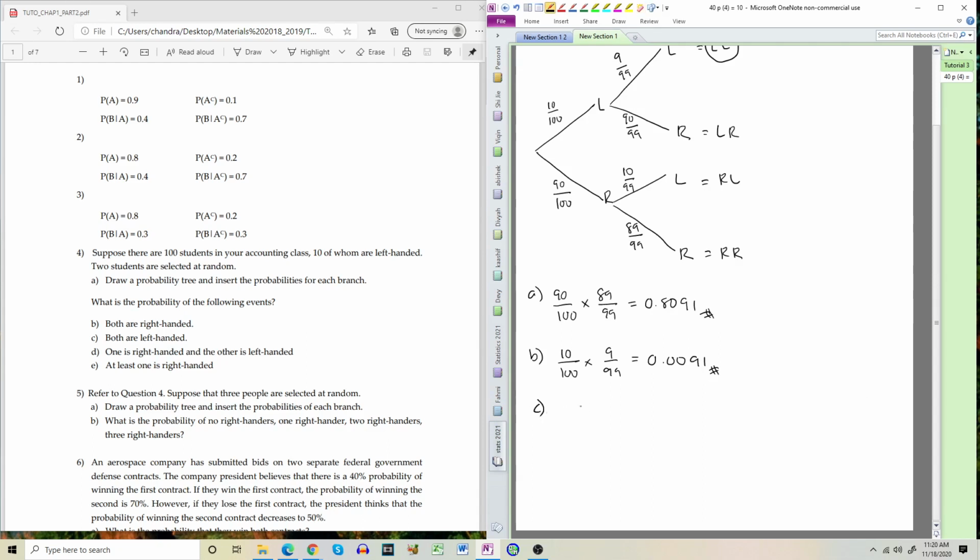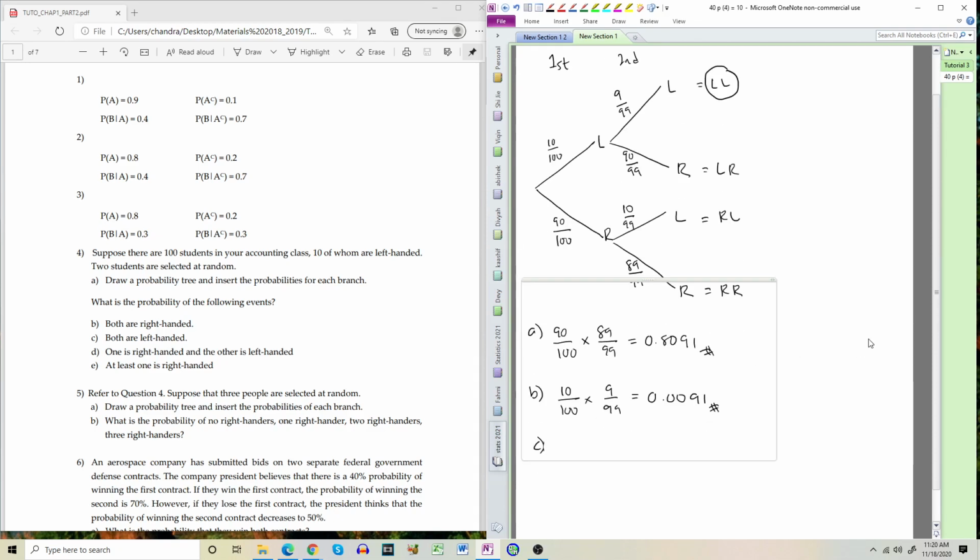C, one is right-handed and the other is left-handed. One is right, the other one is left. One is left, right, this one right, left.